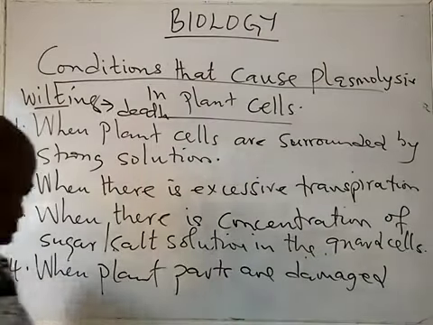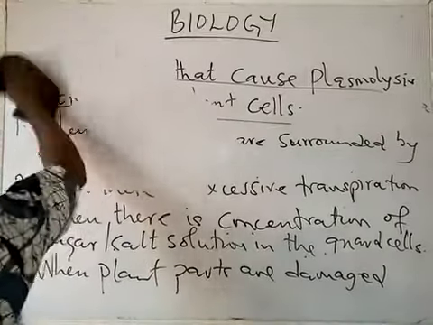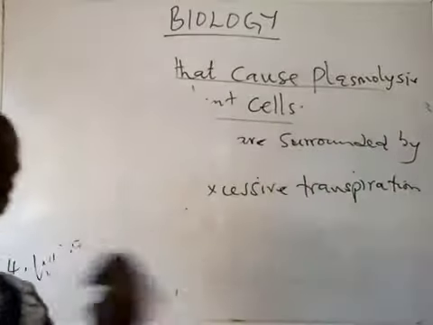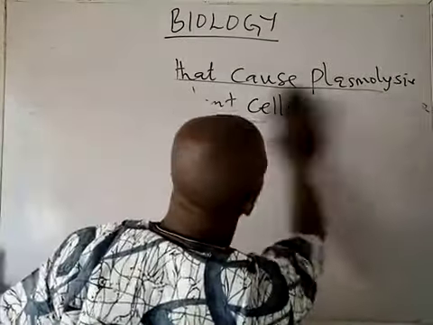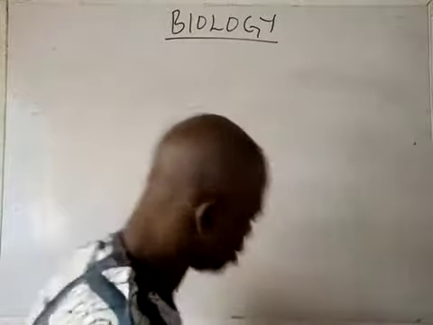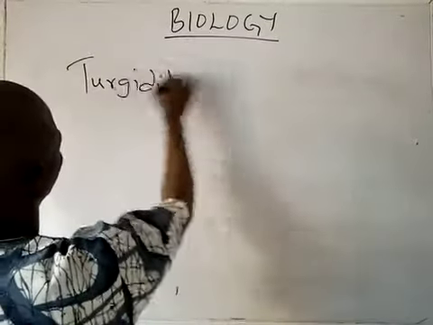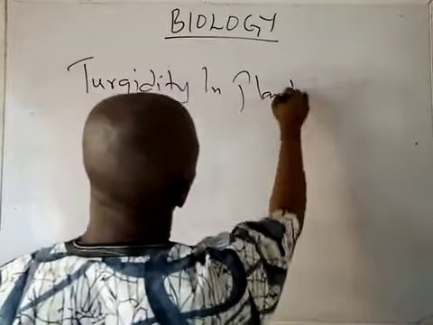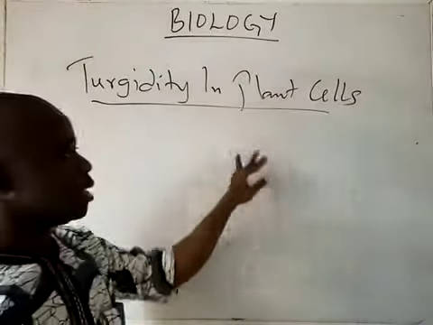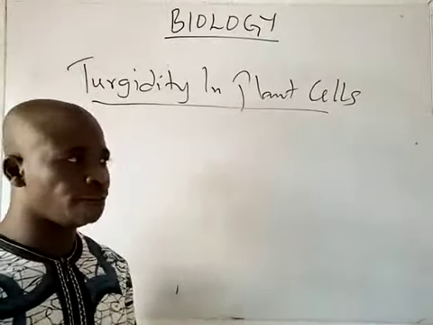Now, we also want to look at turgidity in plant cells. Turgidity is the opposite of plasmolysis.